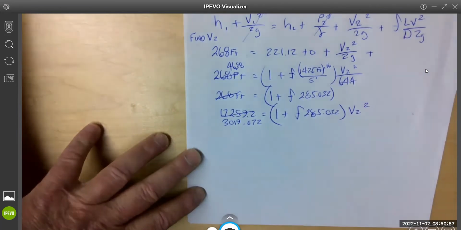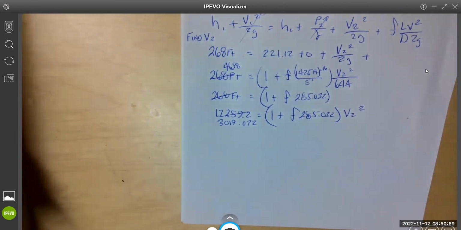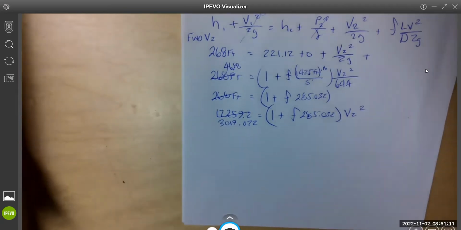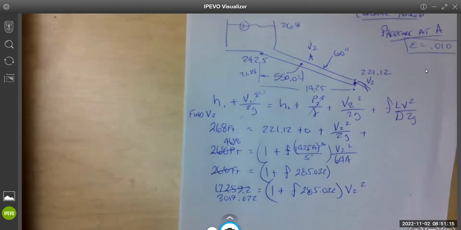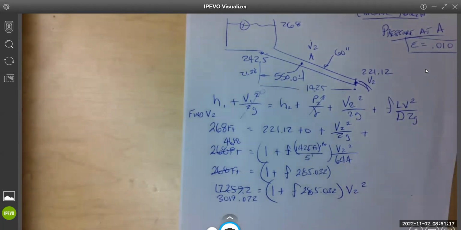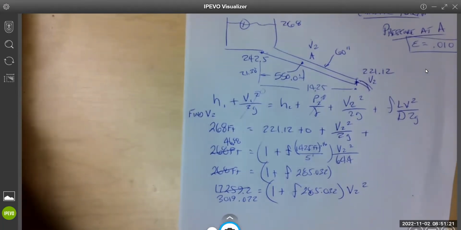All right. Now we can start to run our trials. All this just to get the velocity, right? What we're doing, trying to get that velocity, because we know the velocity in the pipe is consistent. All right, what do they use for their starting? 0.02.